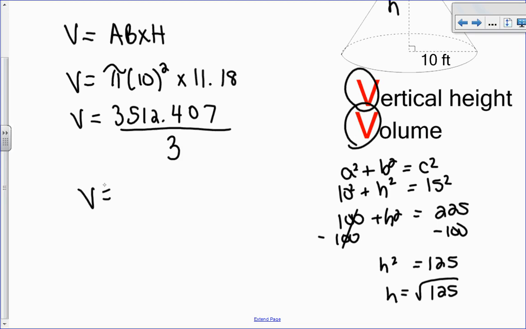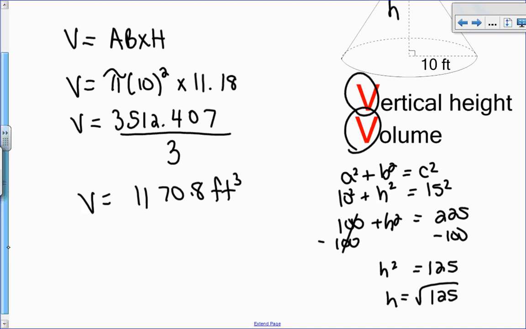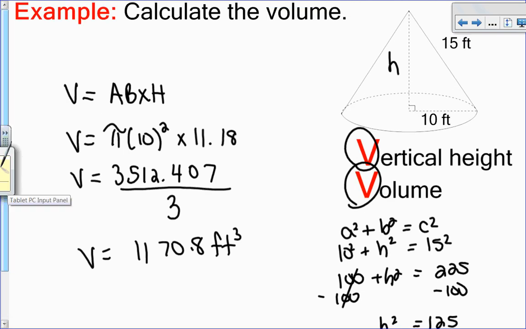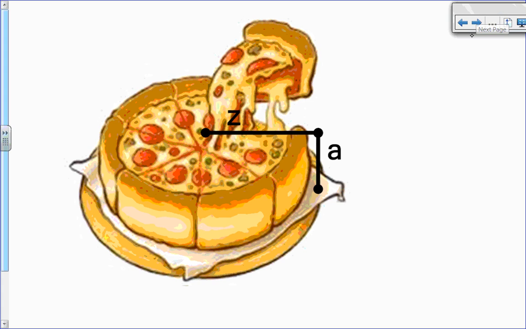So I take that, divide it by 3, and my final answer, 1,170.8 cubic feet for the volume of that cone. So volume of a cone, volume of a pyramid, take that volume and always divide it by 3 when it comes to a point. So now I'm going to show you the volume of my favorite cylinder, a pizza.